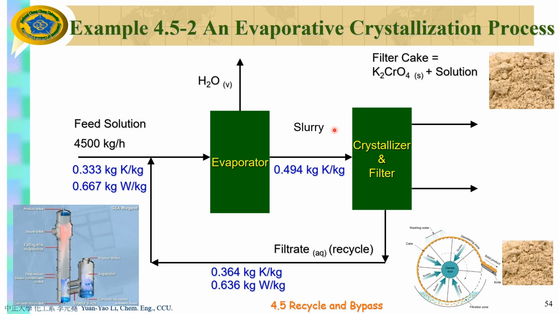Okay, line 3, 49.4% right down here. In the middle of line 3, the stream is fed to a crystallizer in which it is cooled, causing crystals of the potassium chromate to come out of the solution.